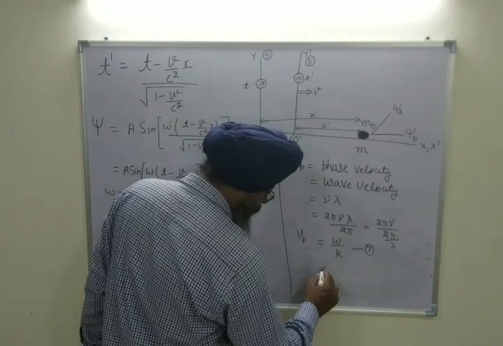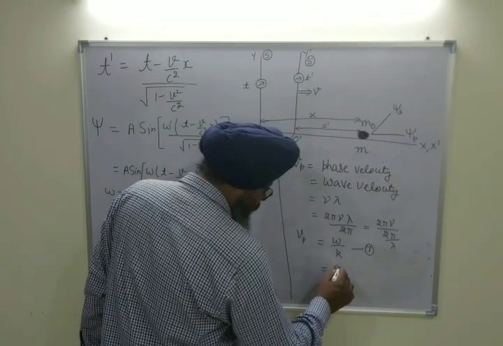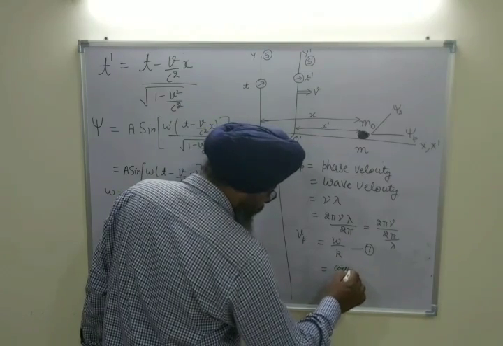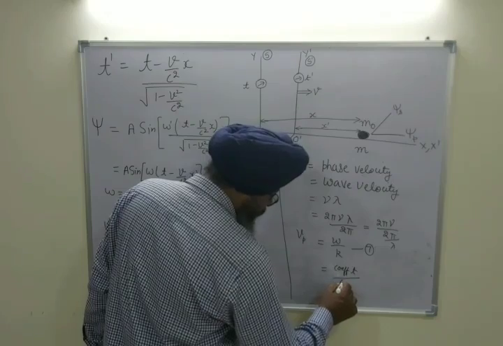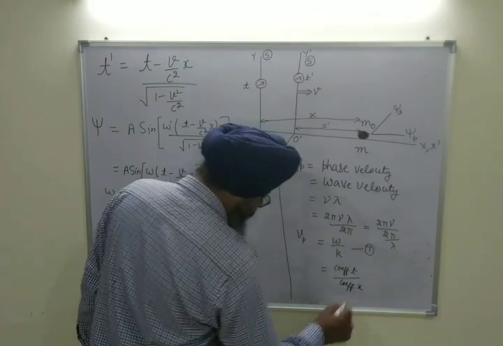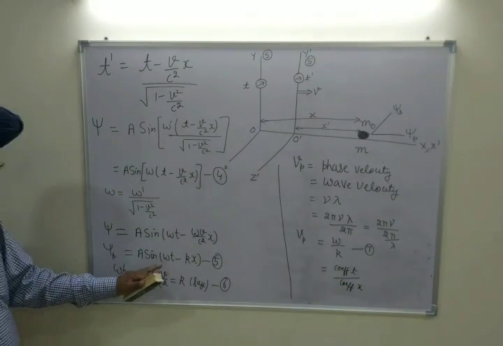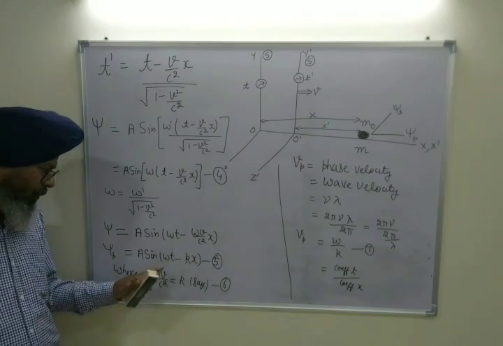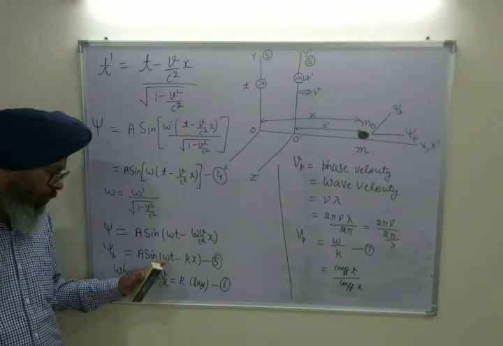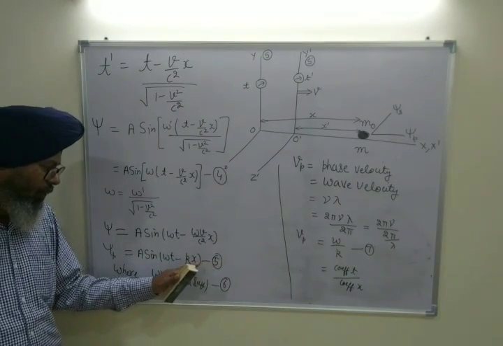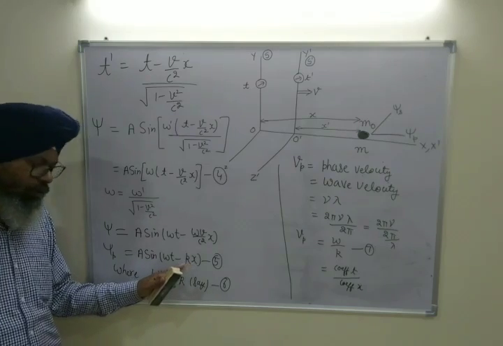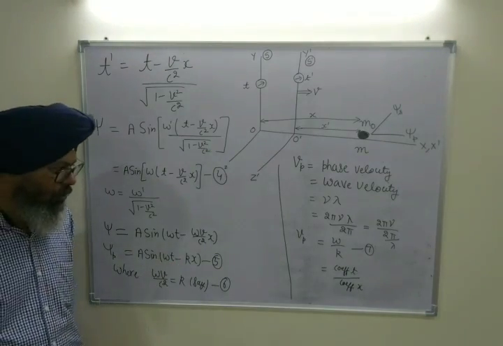We can write phase velocity is equal to the ratio of coefficient of t to the coefficient of x, because whatever is the coefficient of t in 5 is angular frequency, and whatever is the coefficient of x in equation 5 is the propagation constant.